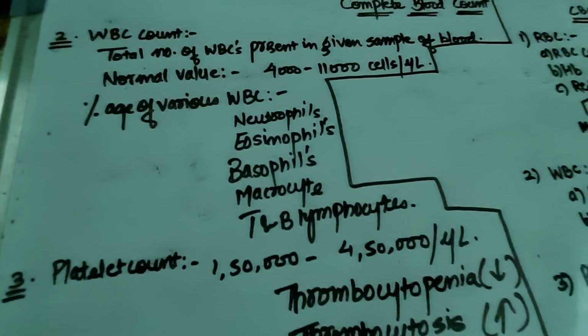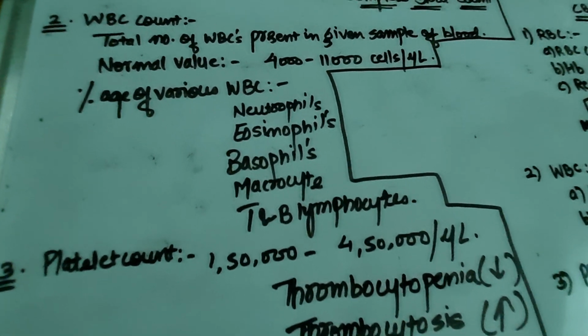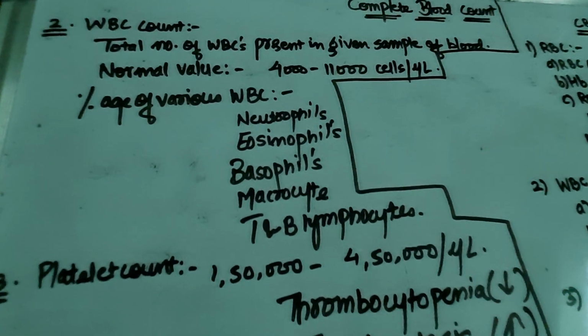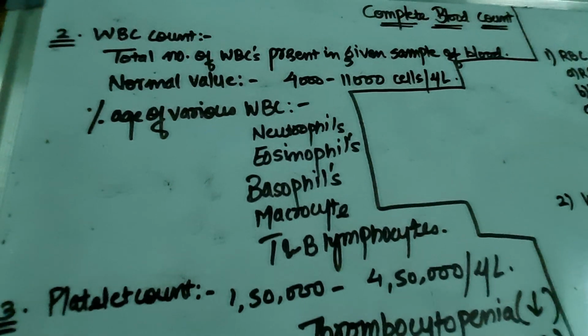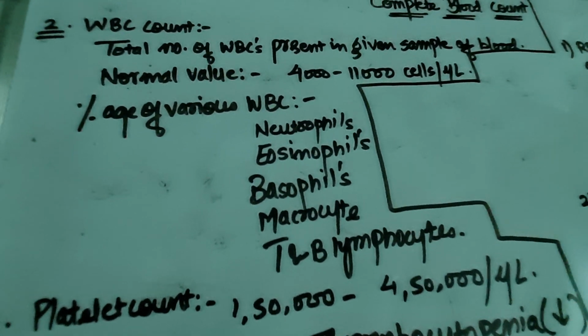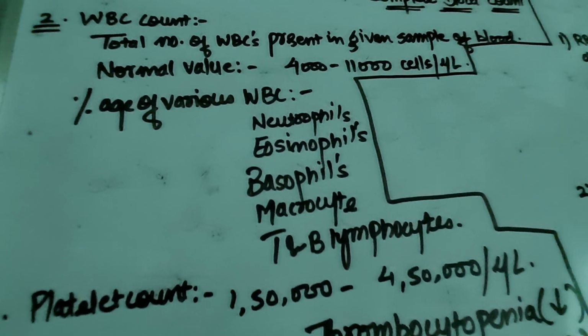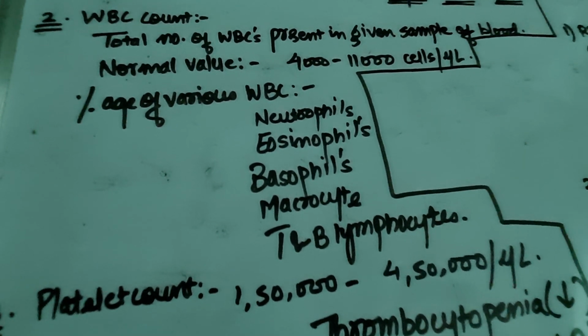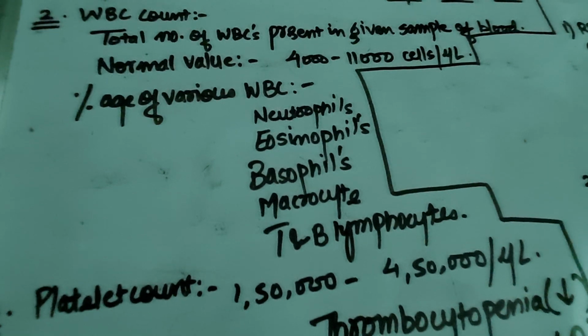Now, after knowing about RBC count, the second thing is the WBC count. WBC count gives you the estimation of total number of WBCs present in the given sample of blood. And the normal value is from 4,000 to 11,000 cells per microliter.